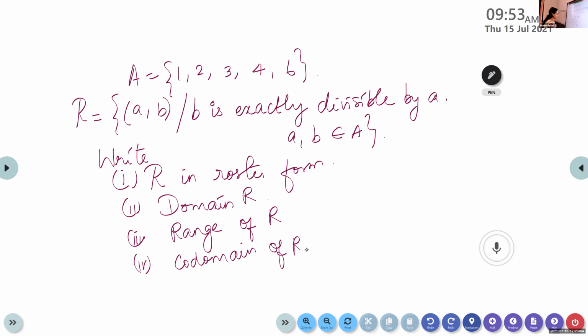Tell me, children, which are the elements of R?